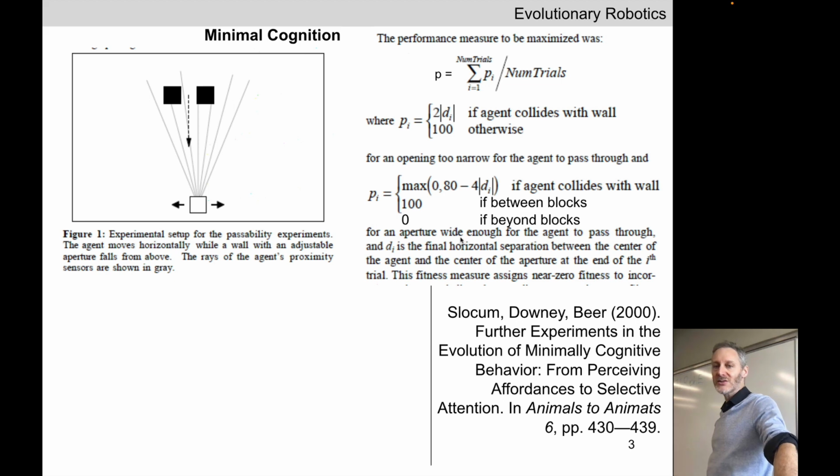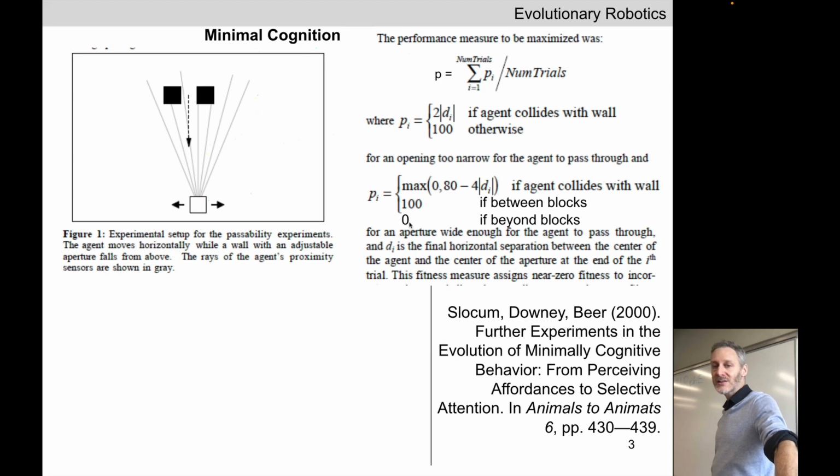You can probably see where this is going. In the other case, if the aperture is wide enough for the robot to pass through, if the robot is beyond the pair of blocks, either far to the left of the blocks or far to the right of the blocks, when the blocks get to the bottom of the screen, that's the worst possible thing you can do, 0, right?